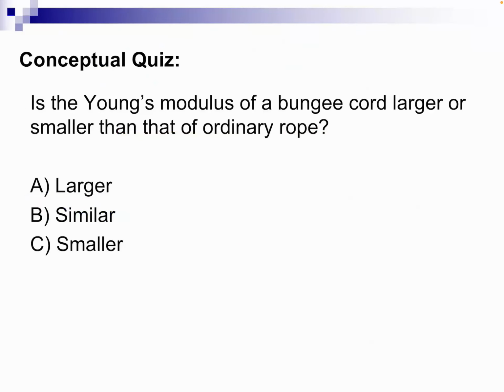So if you want to use a material as a bungee cord, okay, would the Young's modulus or elastic modulus of a bungee cord have to be larger or smaller than that of an ordinary rope?